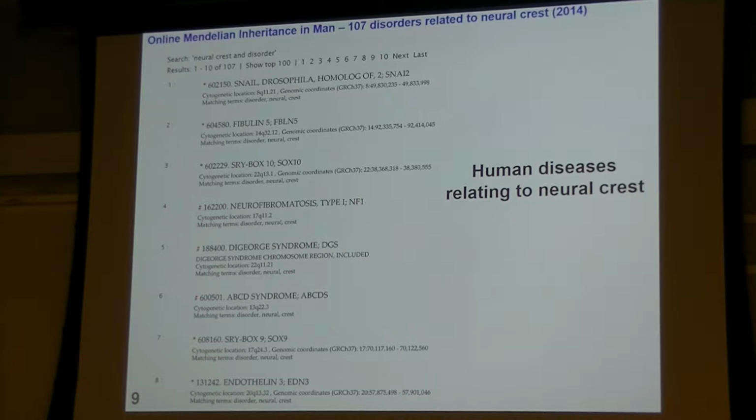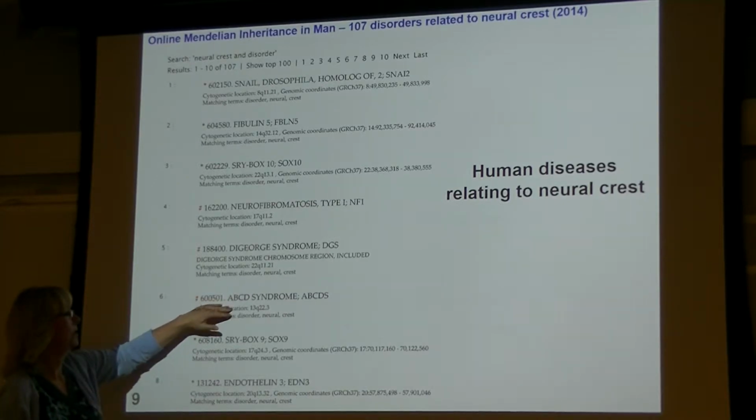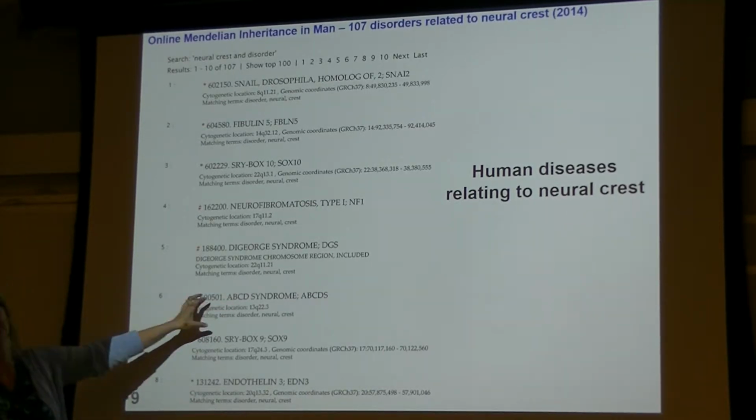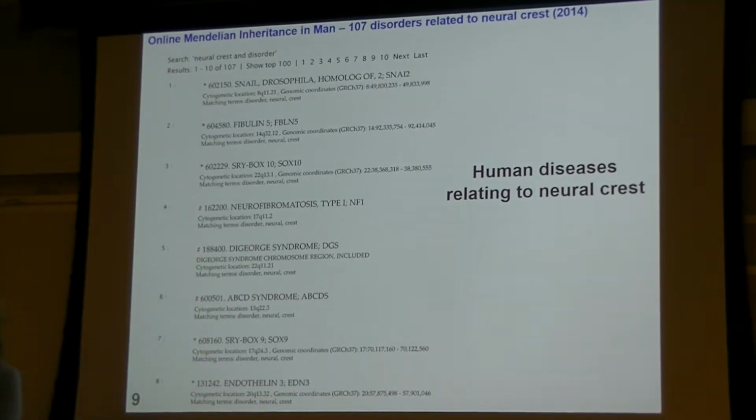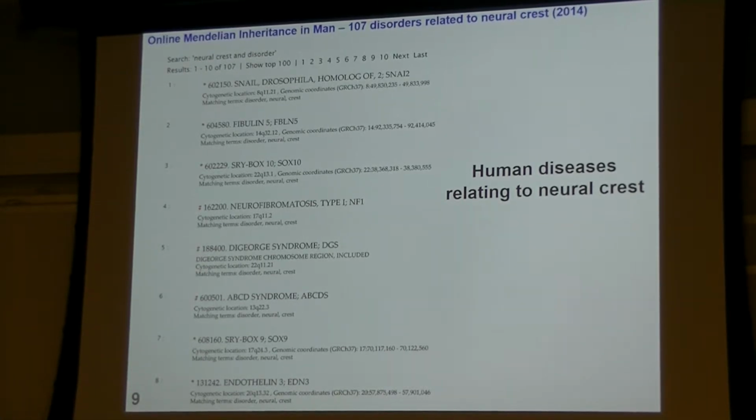So you can go to this OMIM, Online Mendelian Inheritance of Man, and you can type in a cell type, a gene, a type of disorder, and it will call up everything that we know about the genetic basis for that. Then if you click on one of these, so here's a syndrome called ABCD syndrome, I have no idea what it is, but you'll get a little synopsis from published papers in the literature saying, what do we know about the gene that is causing this?